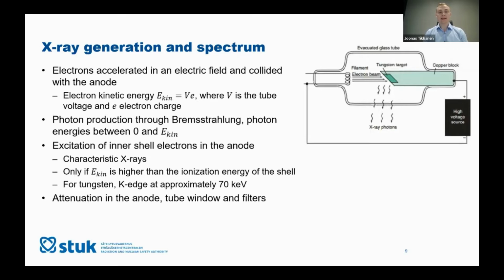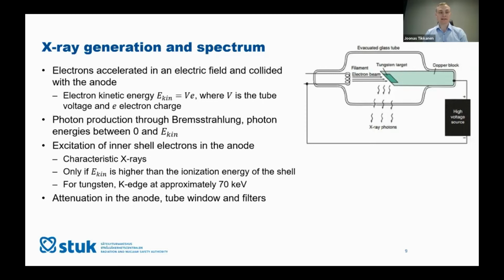And these electrons have energy of the acceleration potential times the charge of an electron. And when they hit the target, they produce photon radiation through bremsstrahlung radiation. And that means that the photon energies can be between 0 and the maximum energy of the electrons.